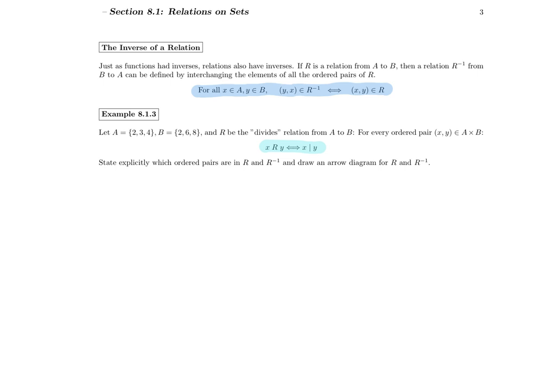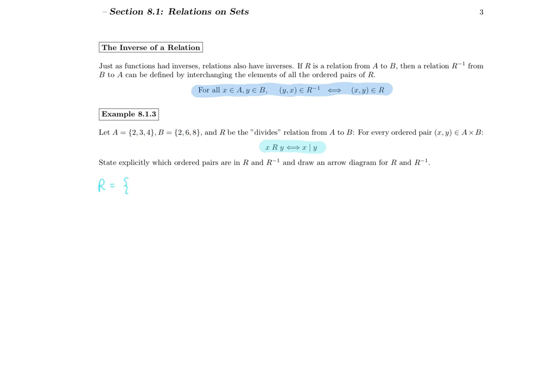So let's think this through. Which ordered pairs would be in R and which ordered pairs would be in R inverse? And then we're going to draw some arrow diagrams for both. So let's think about R. R would be the set of ordered pairs such that the element in X can divide the element in Y. So if we start with element 2, 2 can divide 2, 2 can divide 6, and 2 can divide 8.